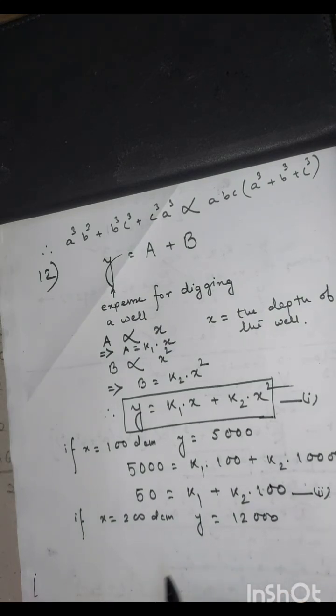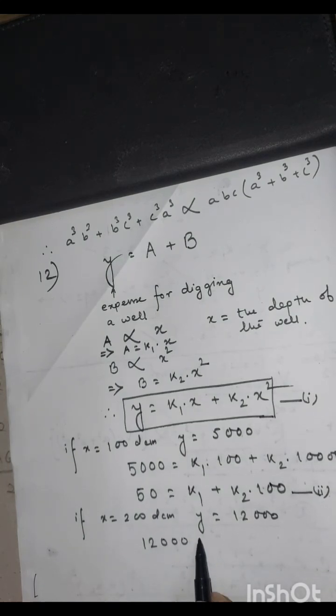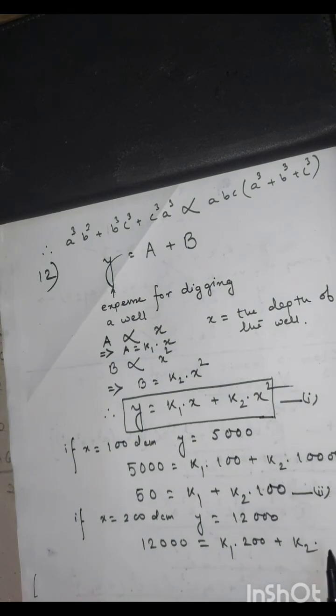And if we put these values in equation 1, we get 12,000 equal to K1 into 200 plus K2 into 200 square.